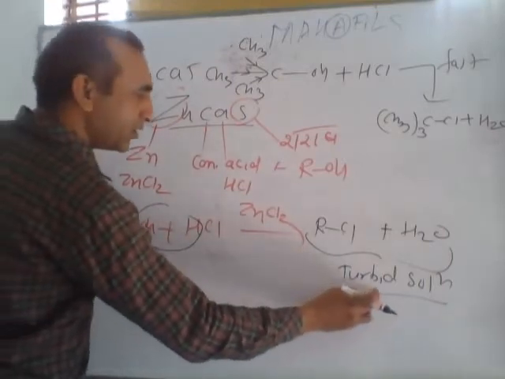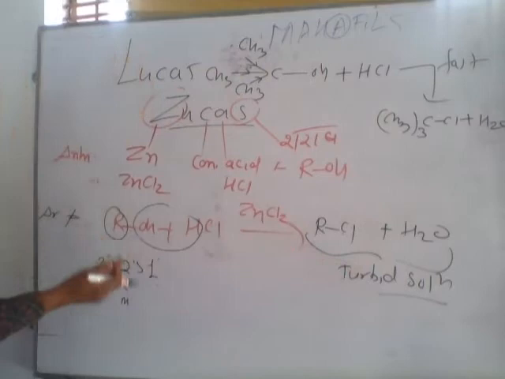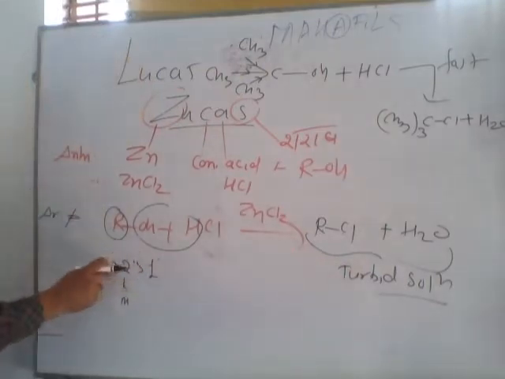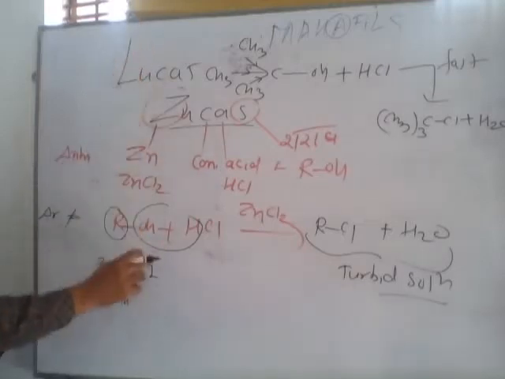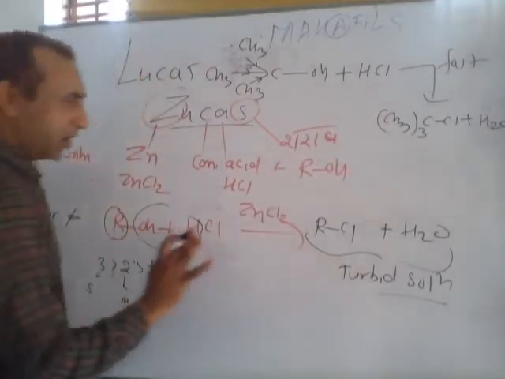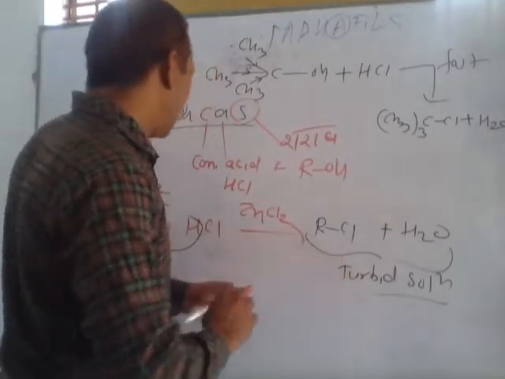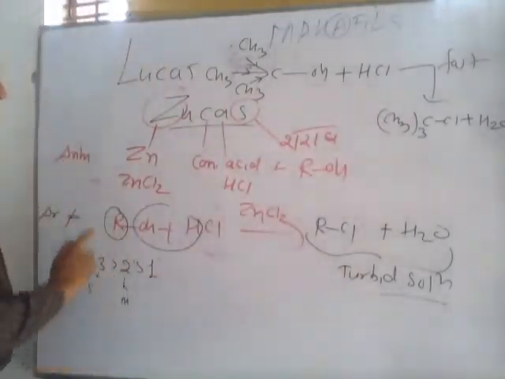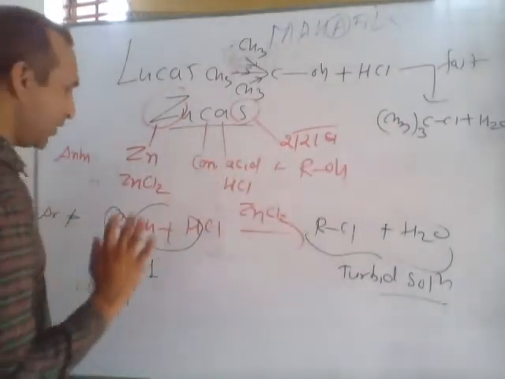If the turbid solution comes very quickly, the alcohol is tertiary. After some time, secondary. No reaction, or a very long time, primary. Listen, so this is called the Lucas reaction, in which we convert alcohol into this compound.